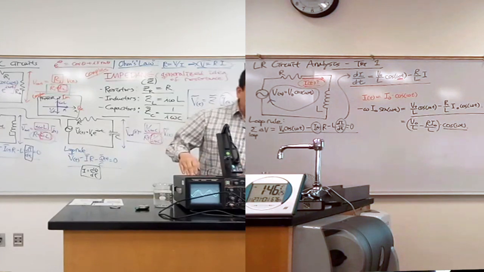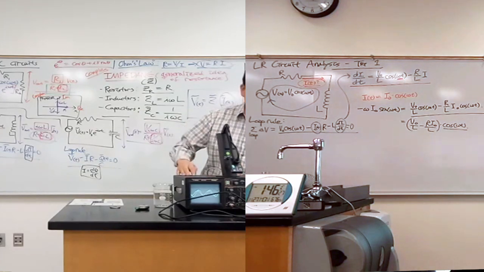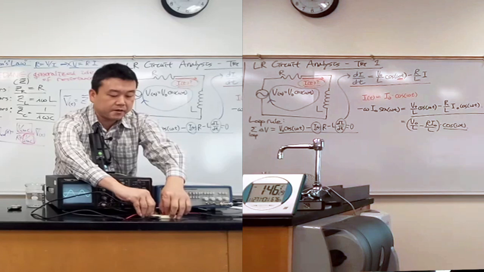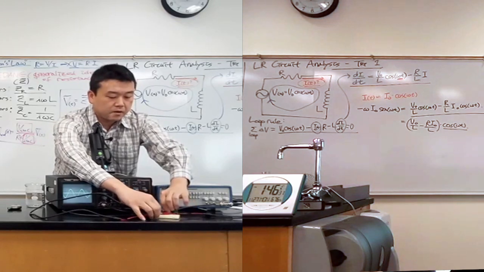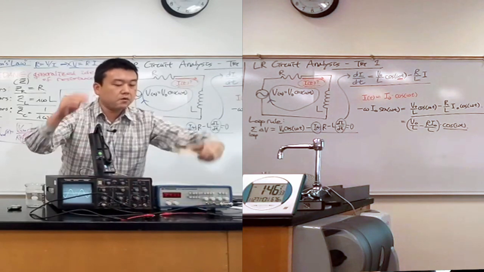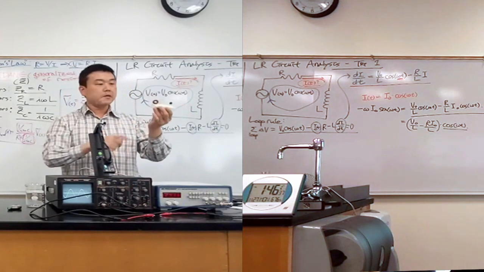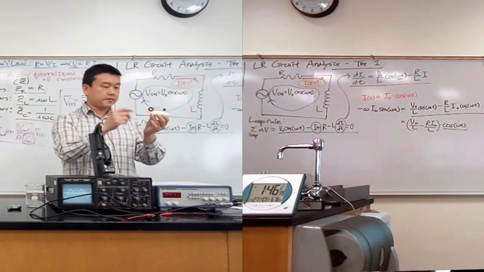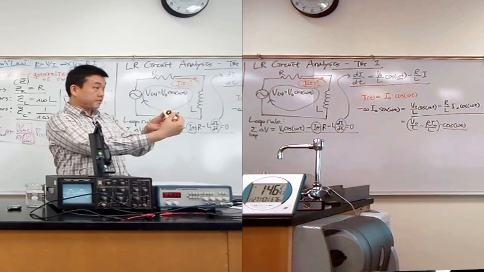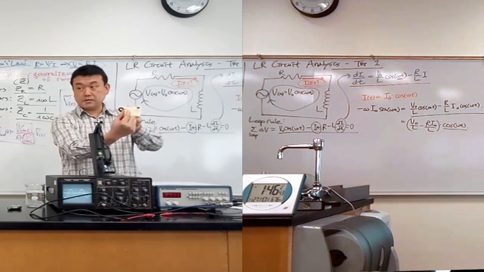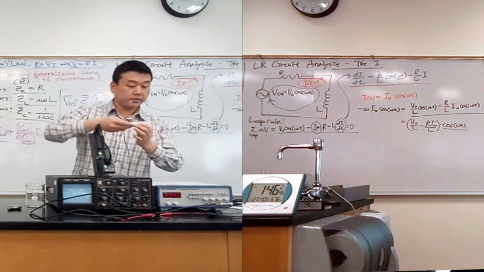So what I'm going to do is, I have this circuit set up here. I want to have an answer for current. So what I'll do is I'll measure voltage across the resistor. That'll give me something that I can relate to as a current.